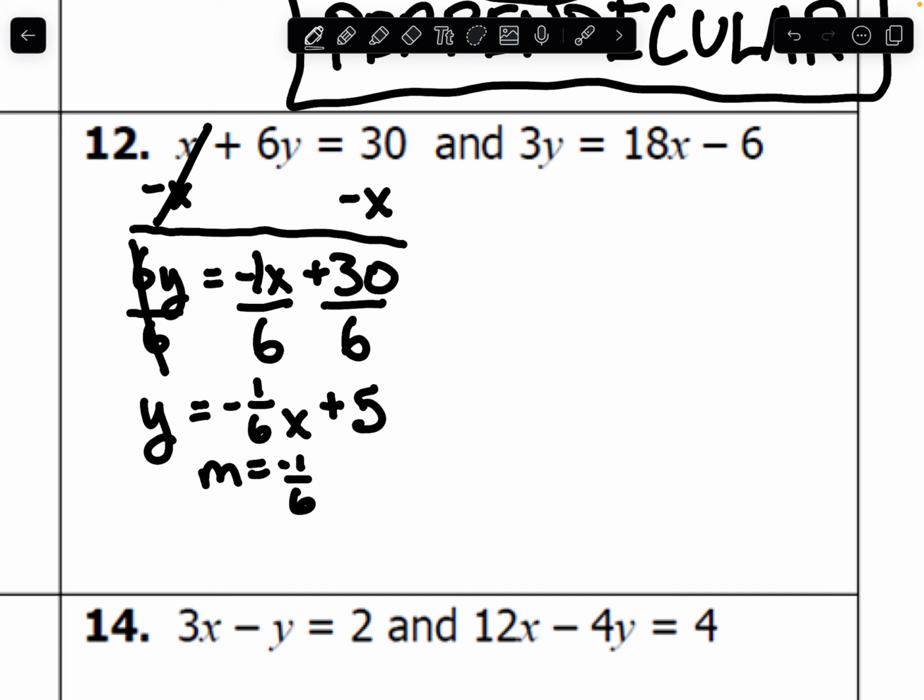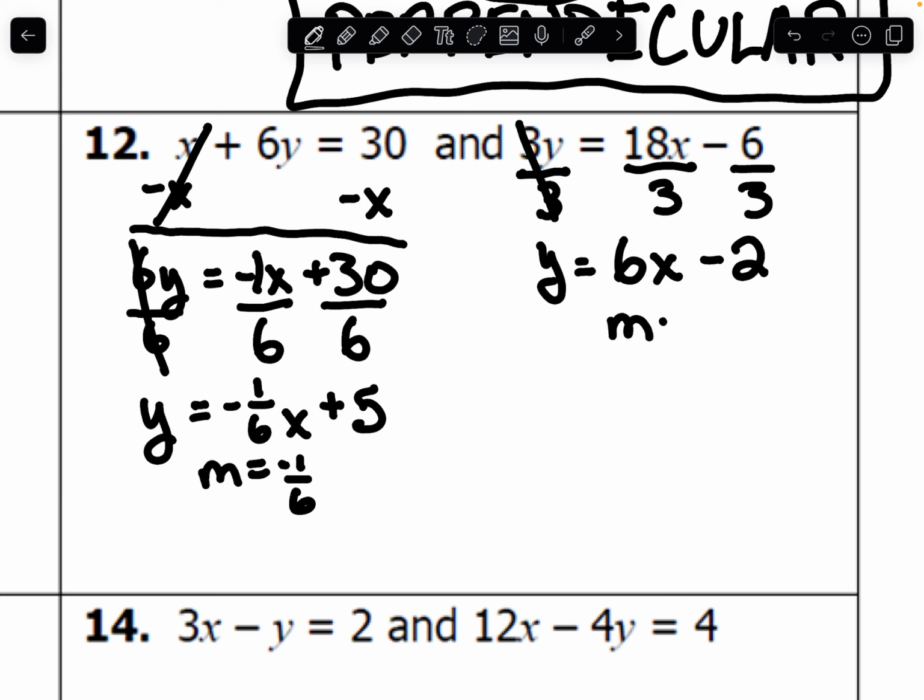That's important. And if we kind of split this in half and we look at this other one, right, solving for y here is just dividing by 3. Divide by 3, divide by 3. So we have 18/3 is 6x. And then negative 6 divided by 3 is negative 2. And so that m equals 6 here because the m is always next to x, right? So again, whatever number is next to x is my slope.